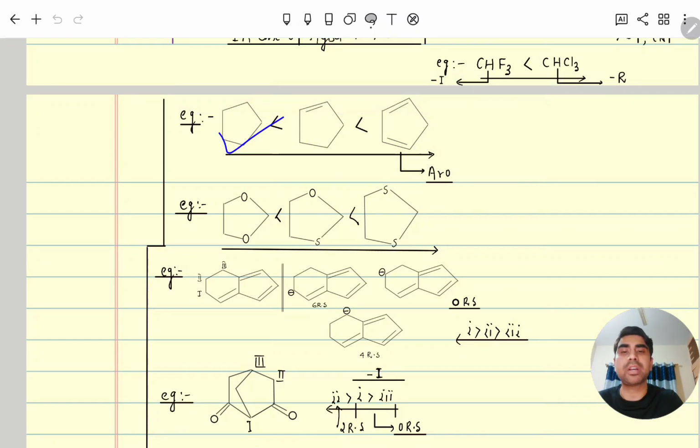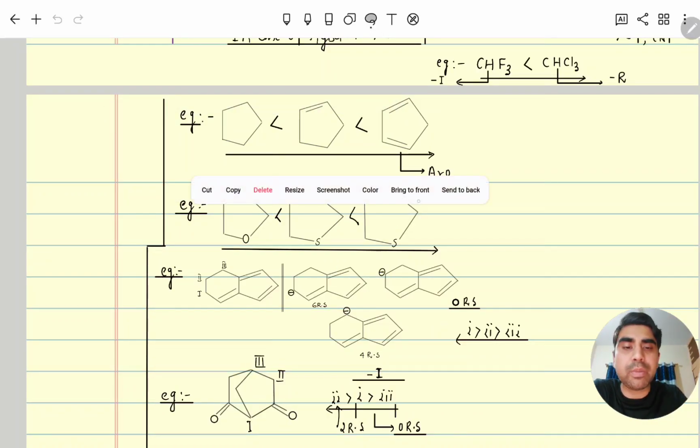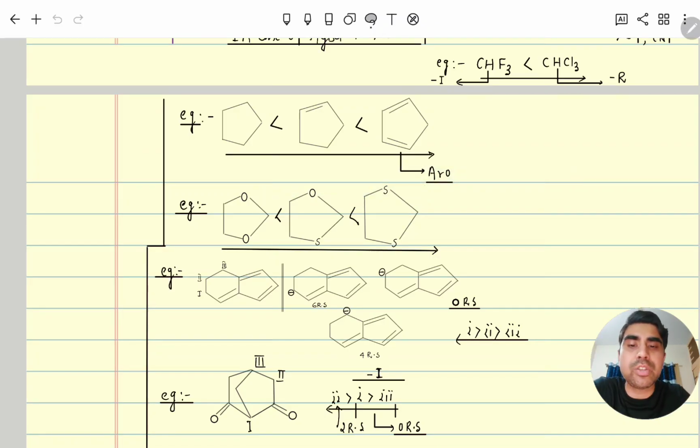Clear? Again you can see here it has a negative charge on the conjugate base. The more stable the conjugate base, the more the acidic strength. Here, negative charge, sulfur having vacant d orbital, minus R, means here it is back bonding, more stable; here also back bonding, more stable.